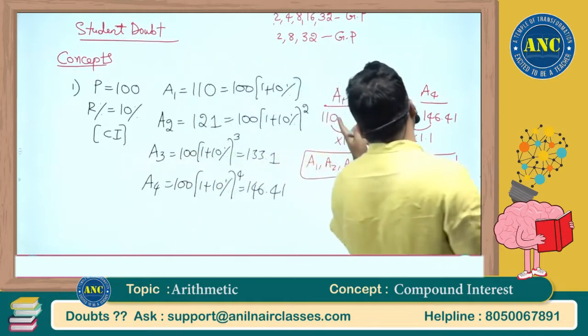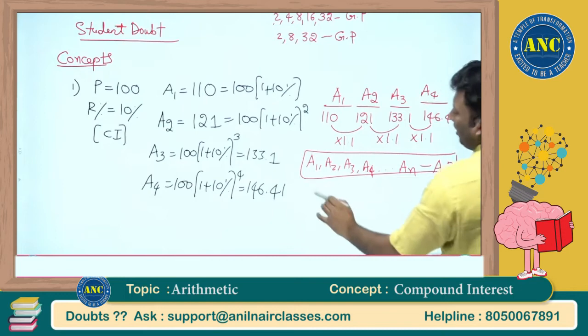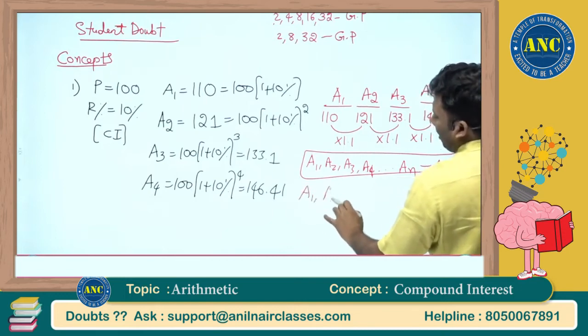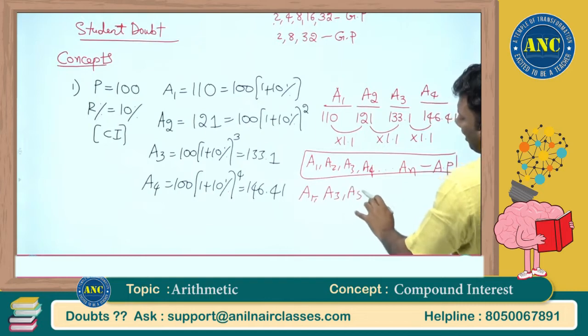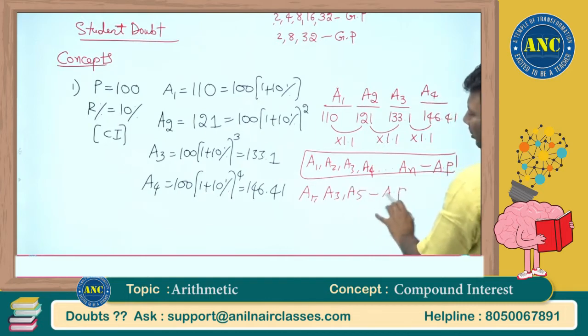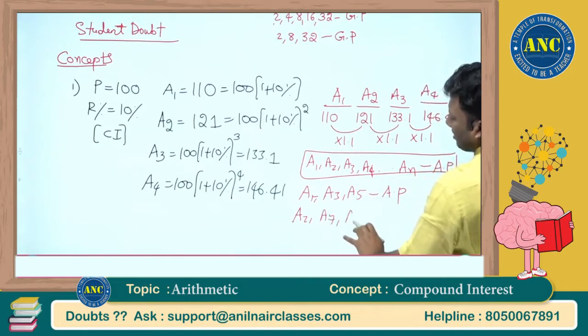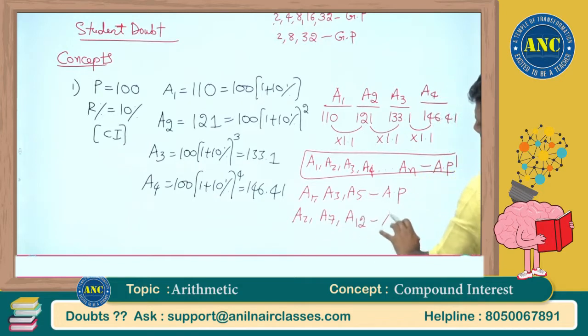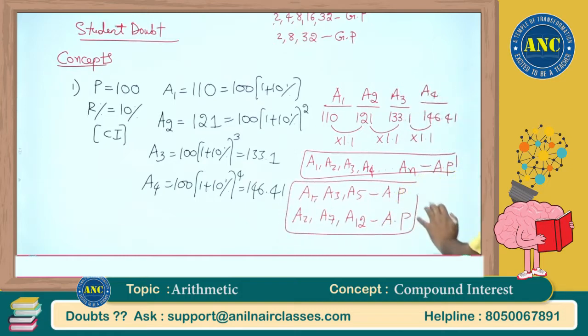So not only A1, A2, A3, A4, AN are in progression. If I take A1, A3, the gap is 2 years, then A5. Are you all with me? Suppose I take A2, then A7, then A12.